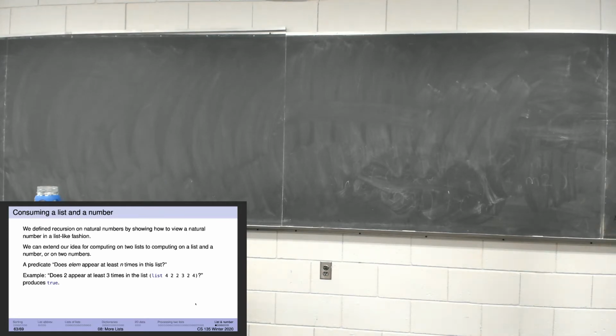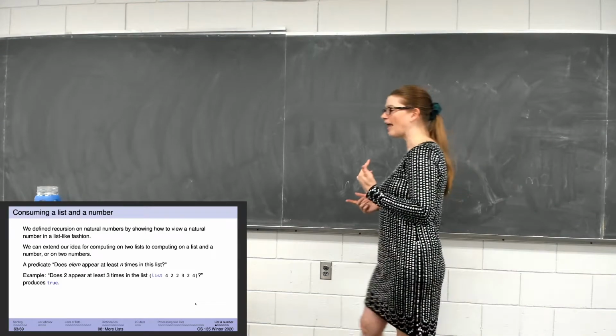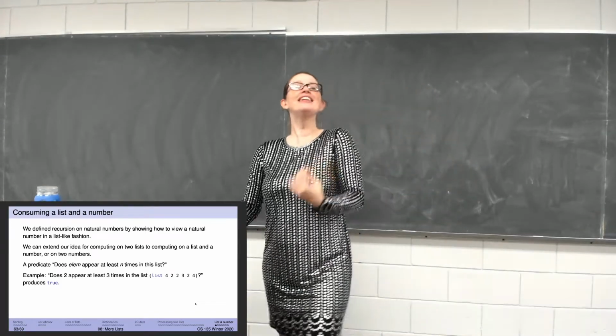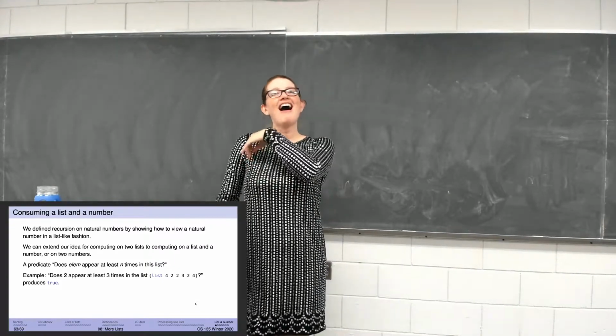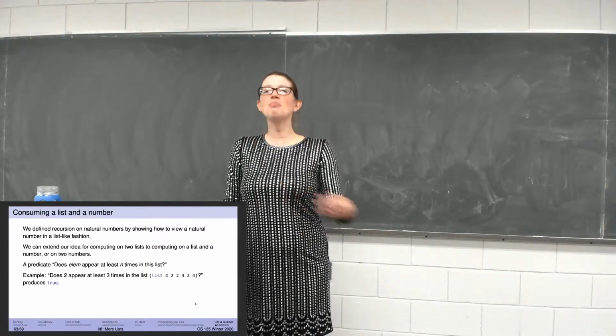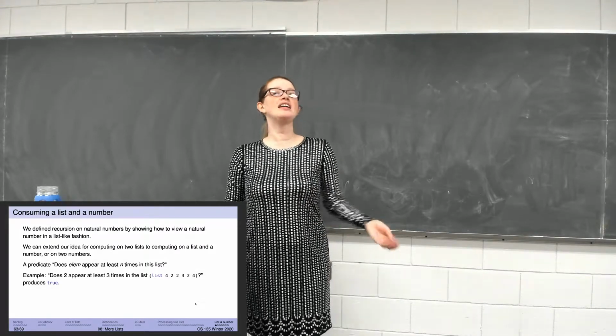And it follows everything that you've ever done with simple recursion, no problem. Could we recurse on both at the same time? Well, here's the interesting thing. We're asking, is there at least N copies of this thing in the list? I don't need to count if there's more than N. I should be able to stop counting when N has been reached.